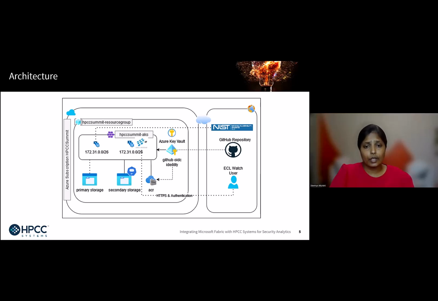And then the ACR, the container registry, is connected to that HPCC Summit AKS to dynamically pull the cron job images as needed when they are updated from our GitHub pipeline. From your GitHub pipeline, the AKS can pull those images from the container registry.